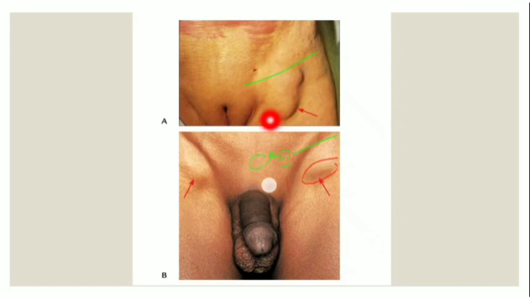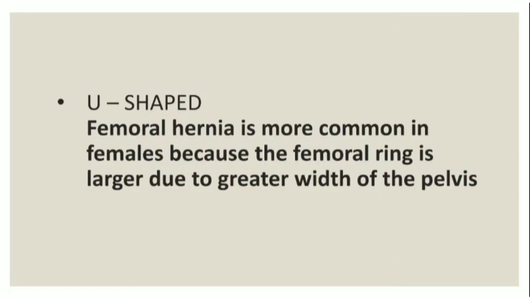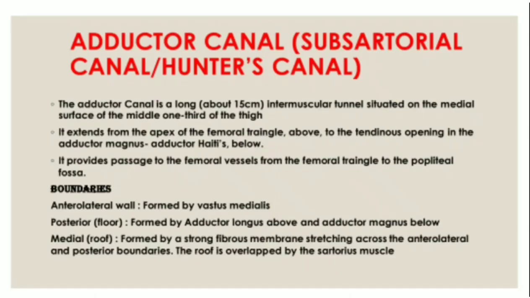Some patients know there is a hernia but assume it is an ordinary lump, so it will grow and become U shaped. This femoral hernia is more common in females only. Why? Because females have a very big pelvis, so the femoral ring will be larger. Since the femoral ring is larger, many abdominal contents will enter the femoral ring, so it will become very large. This is over.